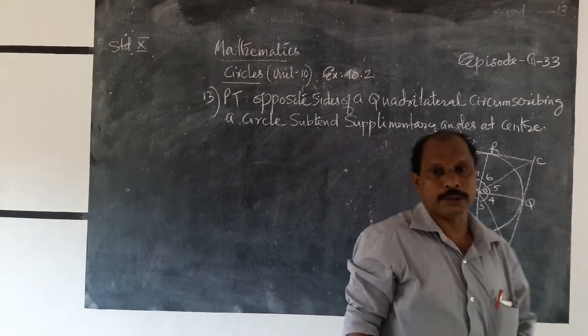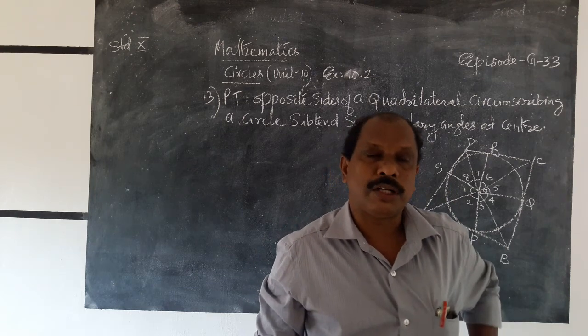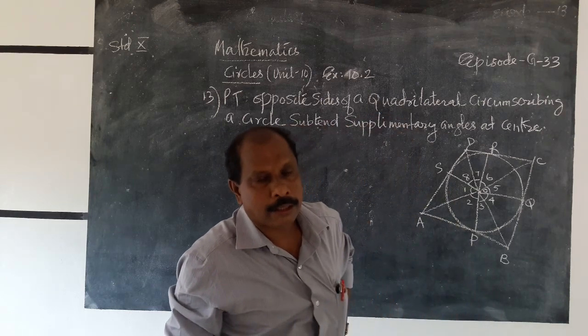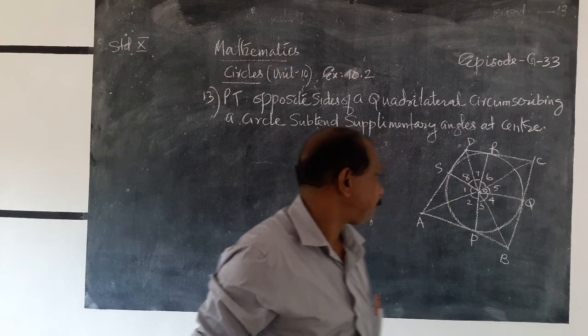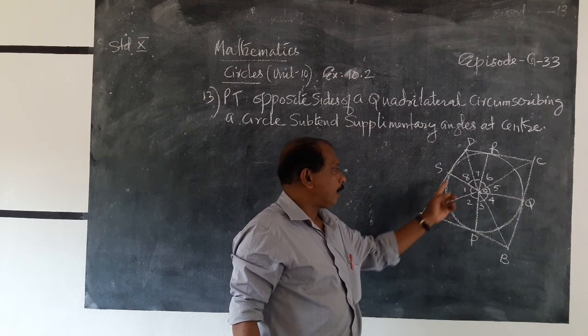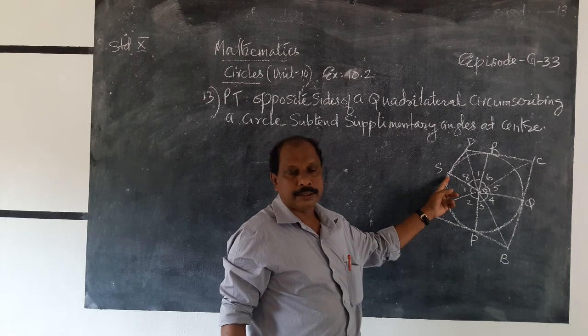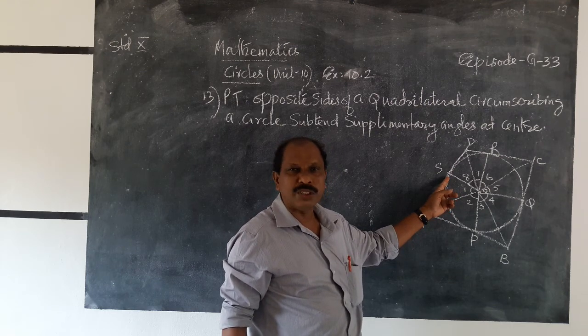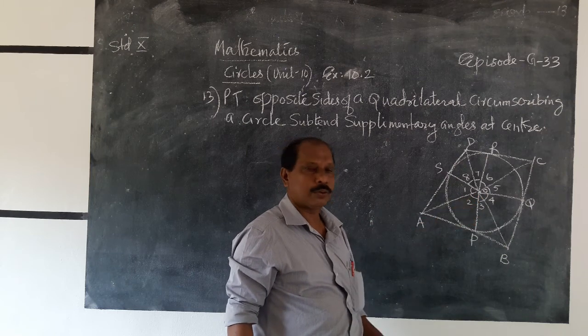That is, the sum of two angles is 180 degrees. Those angles are known as supplementary angles, not complementary angles.